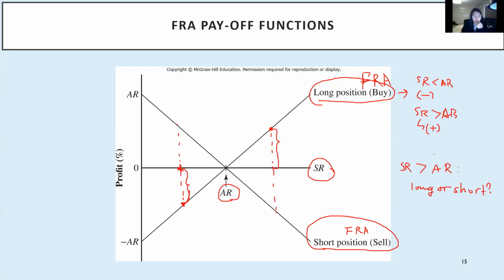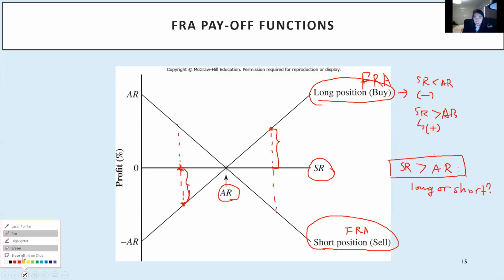So I've got one answer here for long. What about the other people? So here, if I want to speculate based on my forecasts like this, which contract will give me a profit? So here I'm going to agree with the people that say a long FRA position, okay?